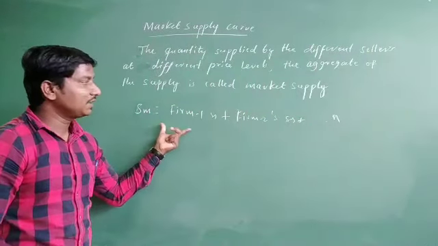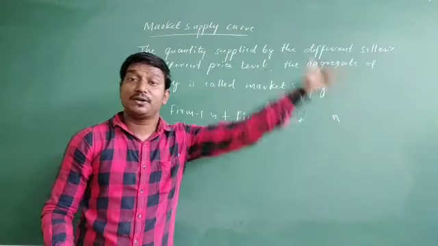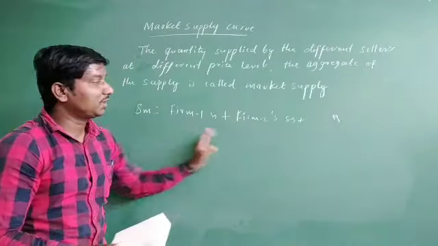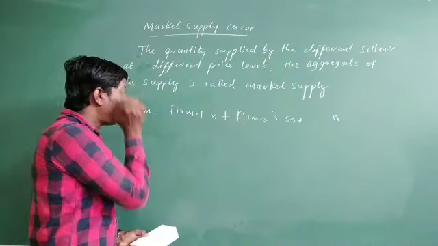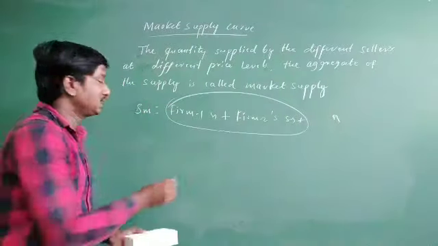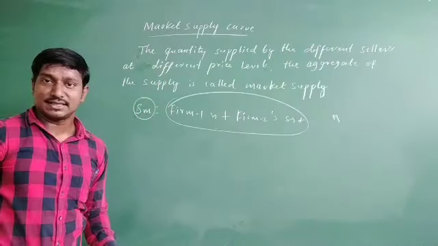When you add firm 1, firm 2, firm 3 like that up to n, however many firms or sellers come together, the sum total of all those sellers' quantities supplied is the market supply.